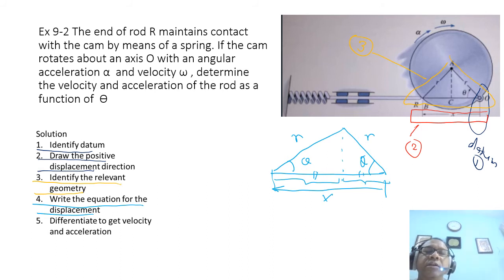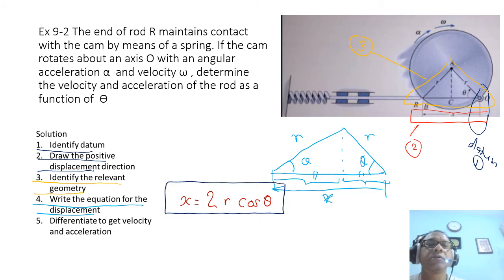So x equals 2r cos theta. So that's our equation of motion. And then differentiate to get the velocity and acceleration.